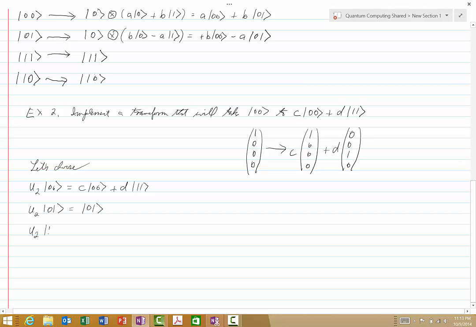U2 of 1,1 will be, let's make this D times 0,0 minus C times 1,1, and U2 of 1,0 is 1,0.